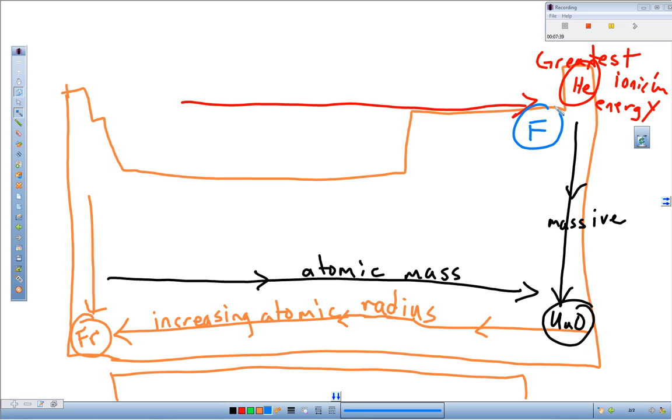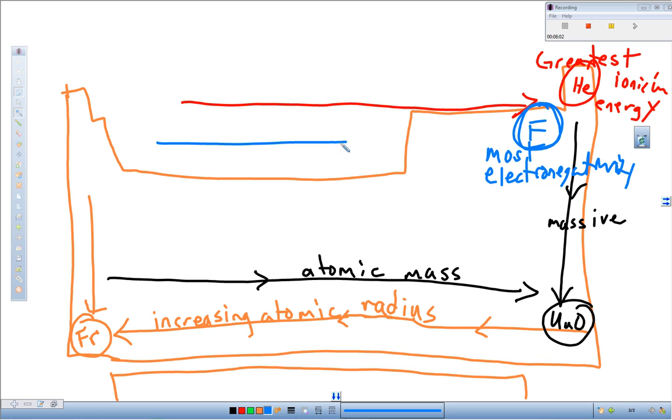Sorry. Fluorine is the most electronegative. So if you remember these corners, electronegativity, what is that? That is the ability to attract electrons when you're in a bond. So fluorine is always taking people's electrons. So electronegativity increases as you go this way, and increases as you go up.